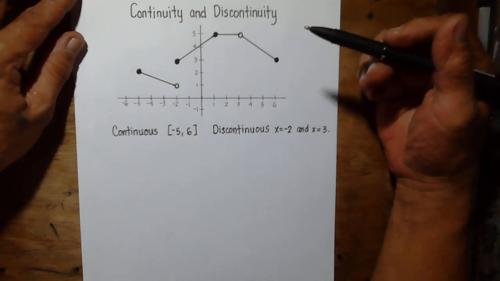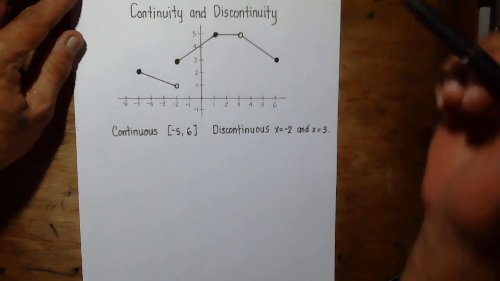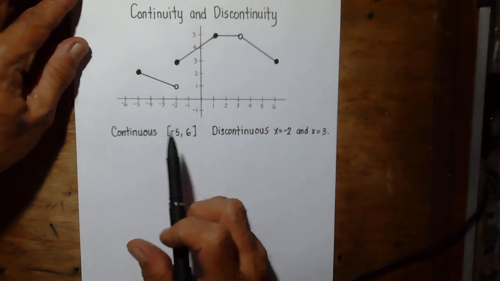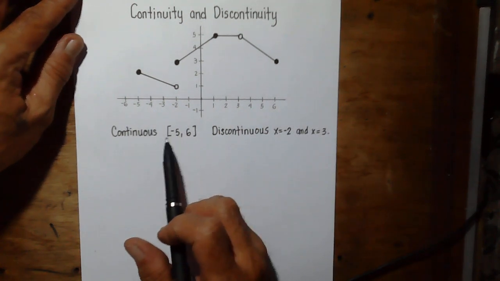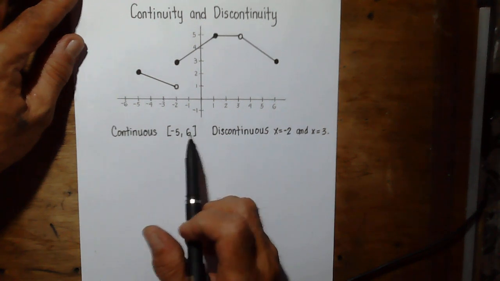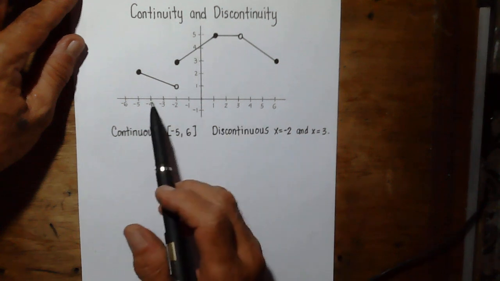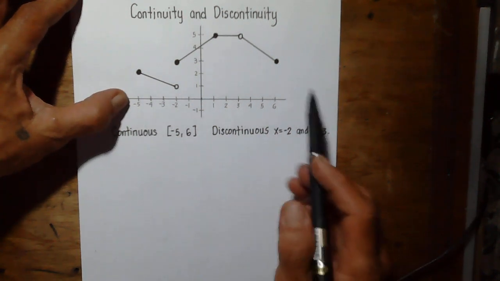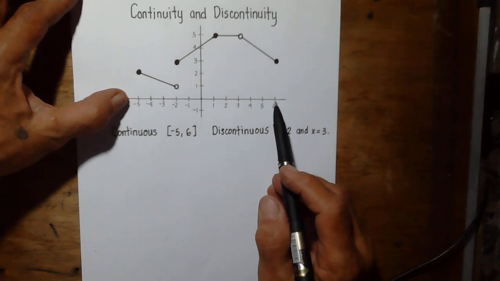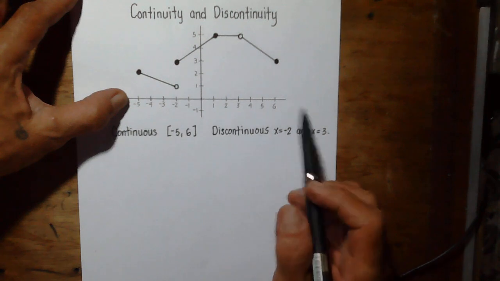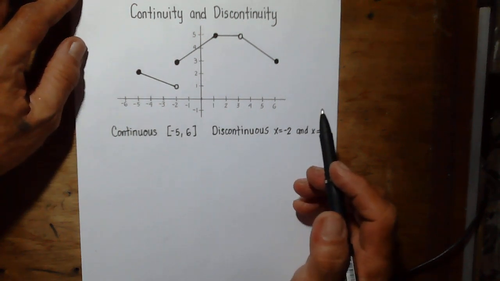We say that the function is continuous at the interval -5 up to +6. Where is that? Here is the -5 of x and the +6 of x. It is continuous at that interval.